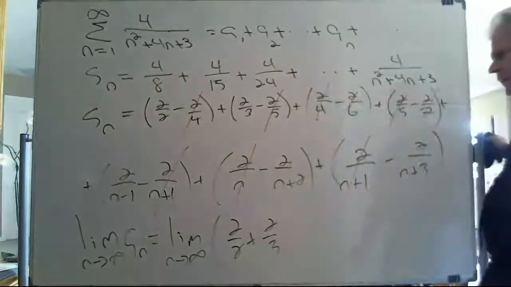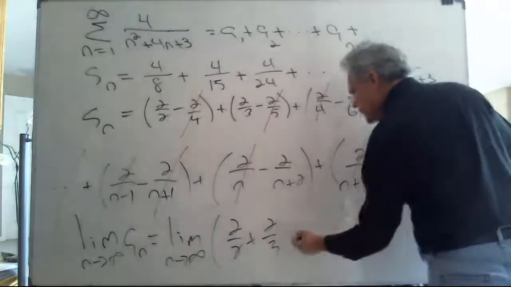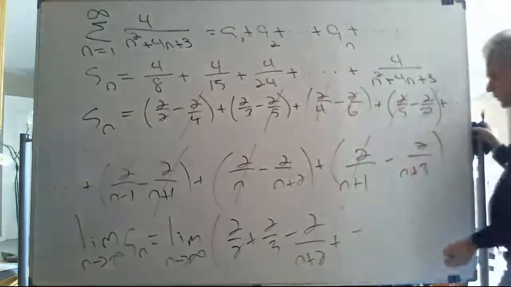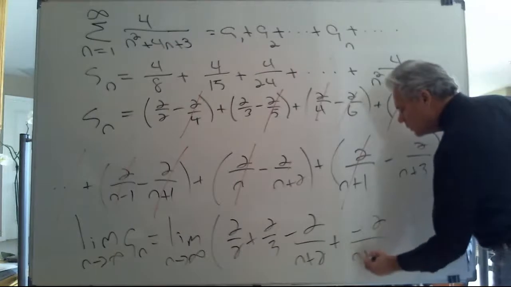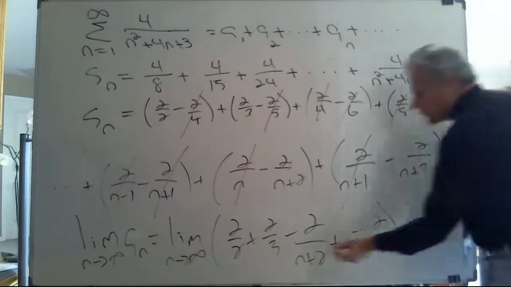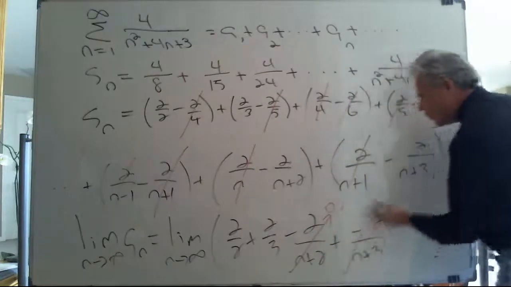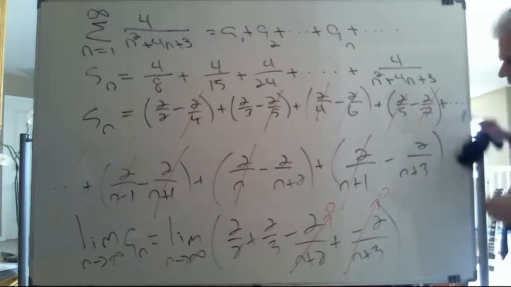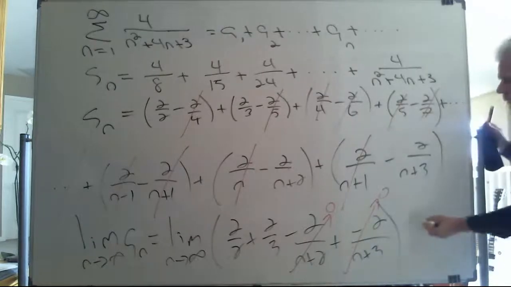But I also have a plus a negative, oh, there it is, 2 over n plus 2, plus a -2 over n plus 3. But in taking that limit, clearly the second 2 terms completely drop out. They tend to 0. And all I'm really left with, I don't know, is that going to be a 5/3?